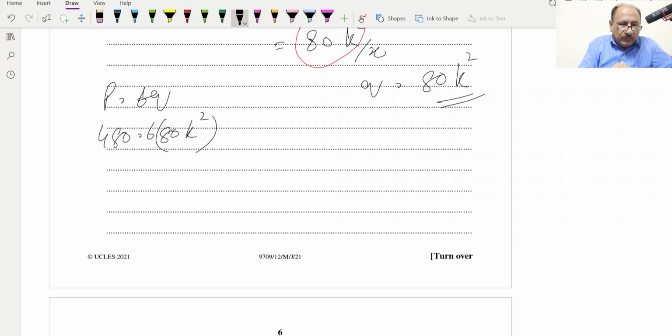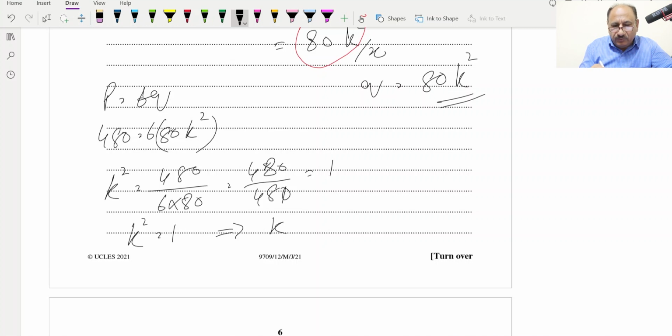So k squared is equal to 480 over 6 times 80, which is 480 over 480, which is equal to 1. So k squared is equal to 1, which implies k is equal to plus or minus 1. This will be the value.